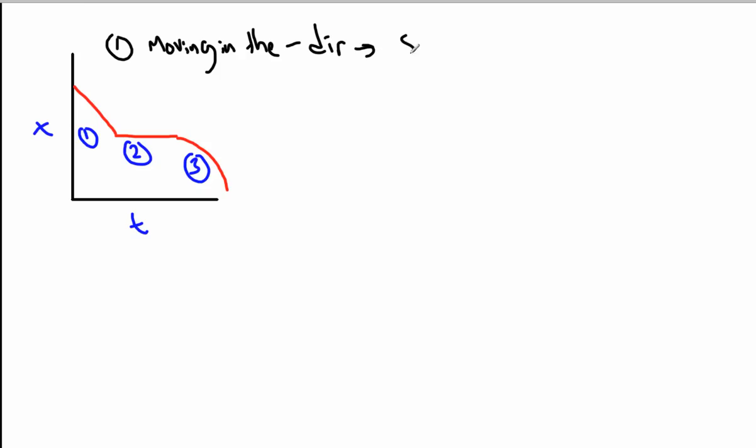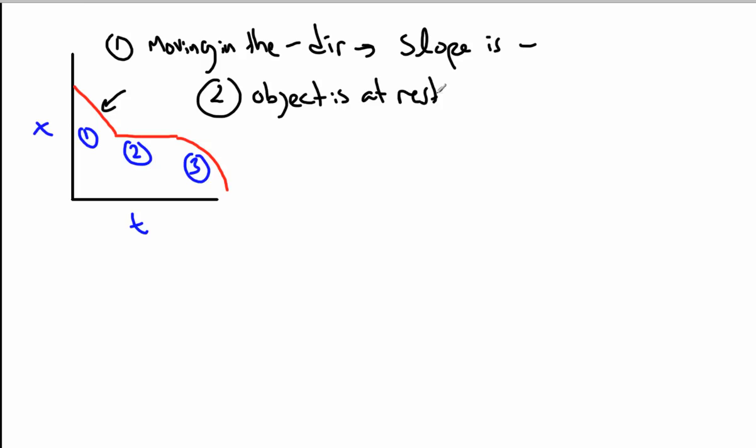And we know that because the slope is negative. Right there is a negative slope. Now, in segment 2, we notice that the object is at rest. We can tell that because the slope is 0. It's flat there, so no slope, so no velocity, no speed.